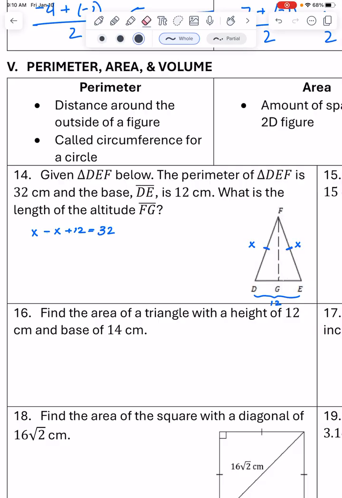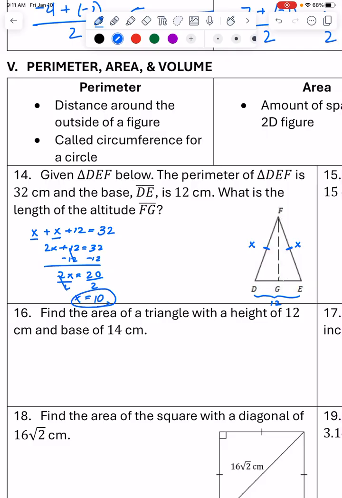So 2x plus 12 equals 32. Subtract 12. Divide by 2. So x is 10. So these two sides are 10. Okay.